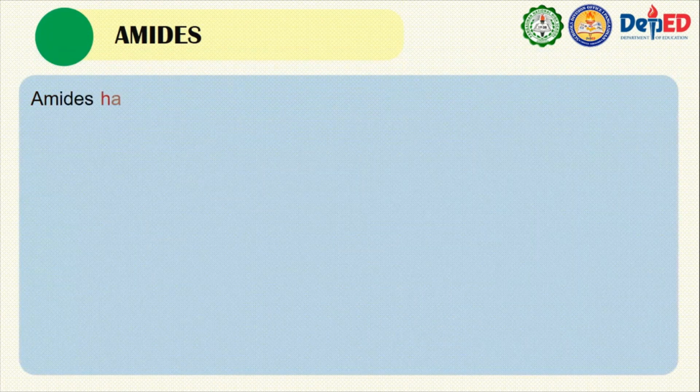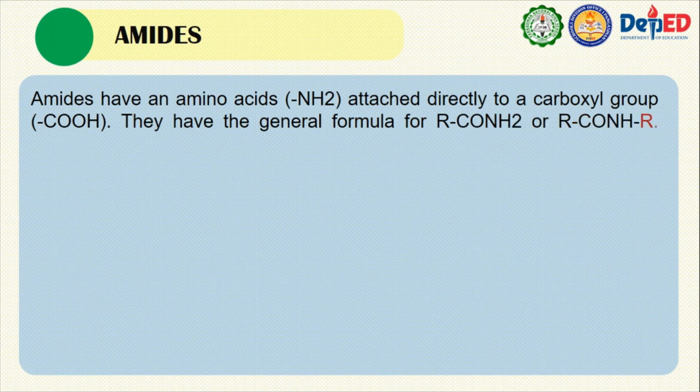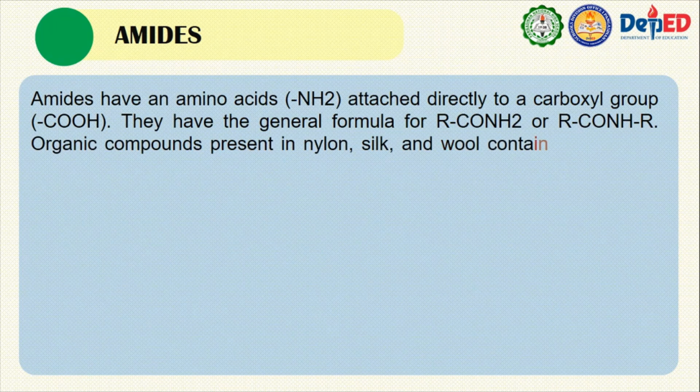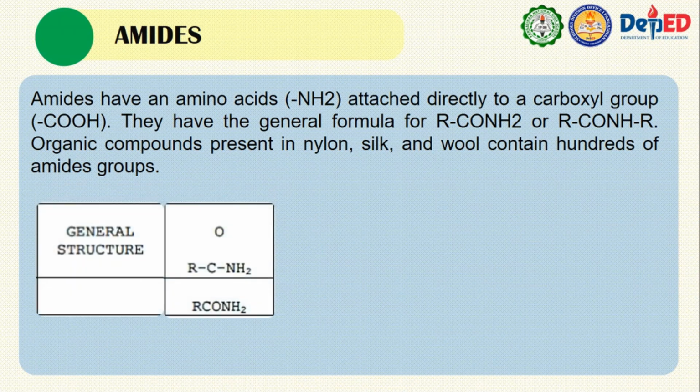And lastly, we have amides. Amides have an amino group attached directly to a carboxyl group. They have the general formula RCONH2 or RCONHR.